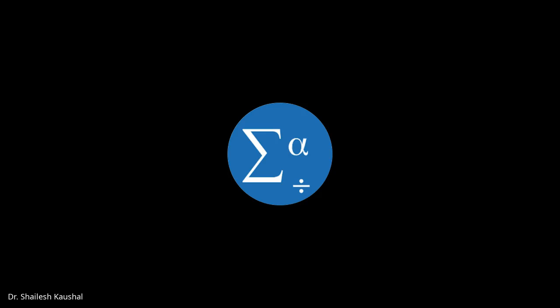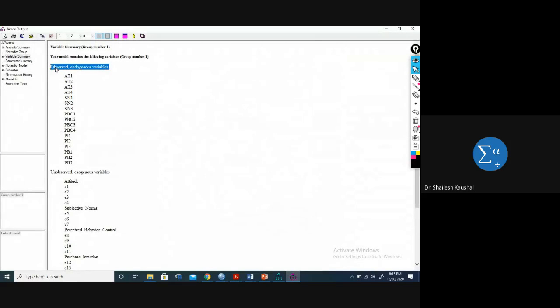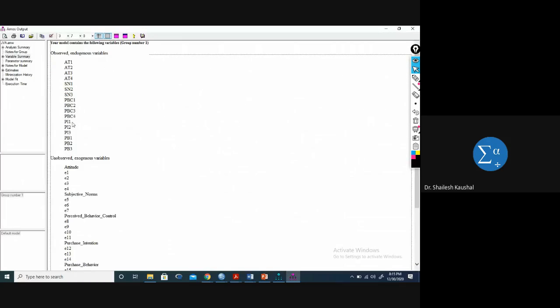These are endogenous, because there is an arrow from attitude to 81, 82. That is why these are observed and endogenous, because they are influenced by the construct. So observed and endogenous, how many? Total 17 questions.